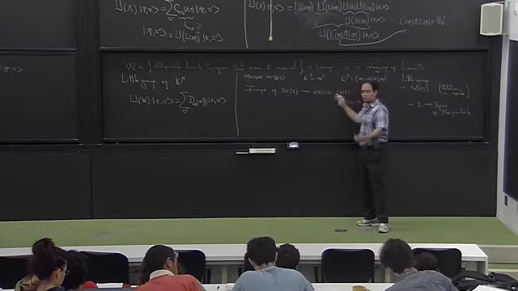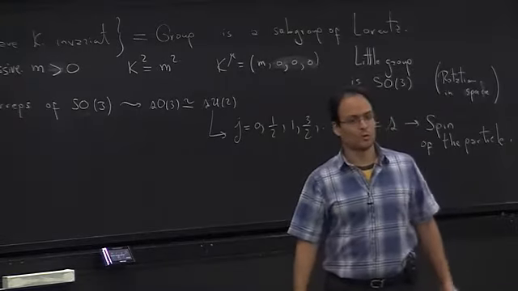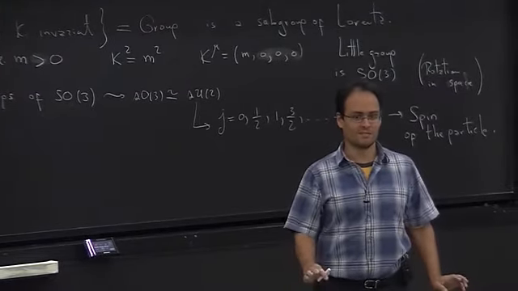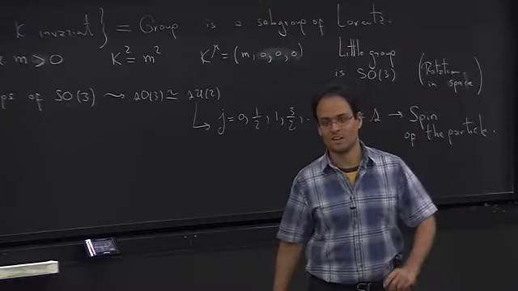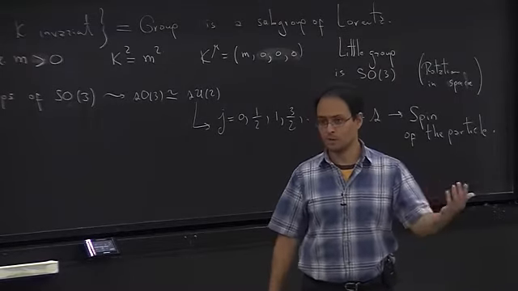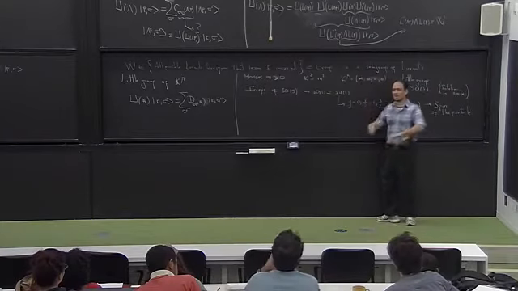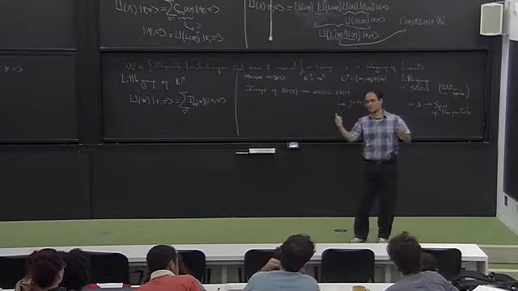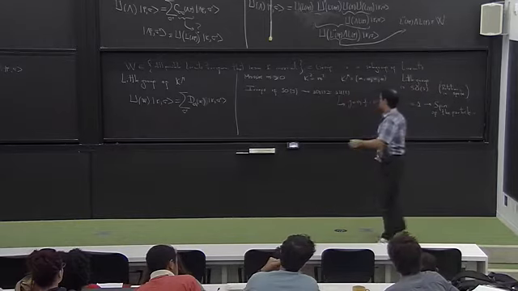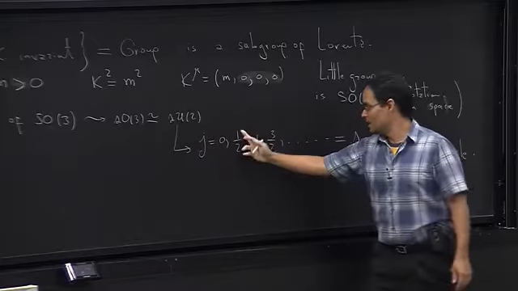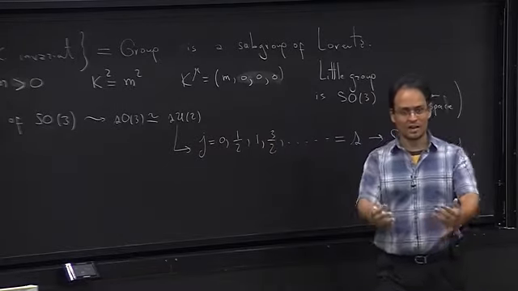Now, SU(2) as a group is not the same as SO(3). Shocking? No? You all know that, right? But acting on the Hilbert space, we are allowed to have these minus signs floating around. So actually, quantum mechanics tells us that even the half-integer representations are allowed in nature.